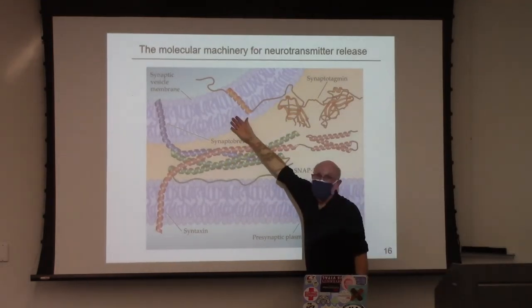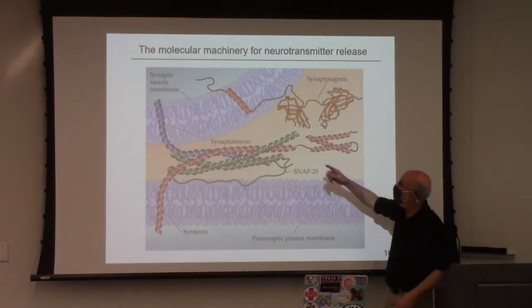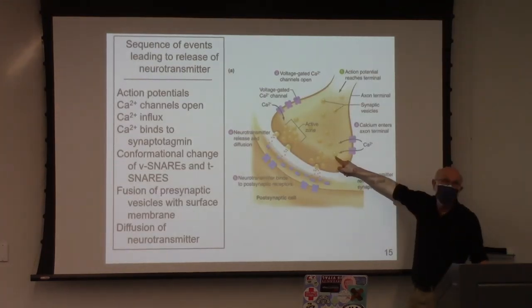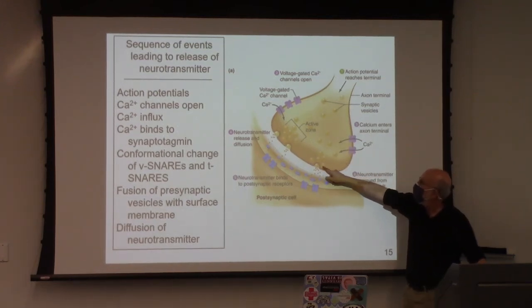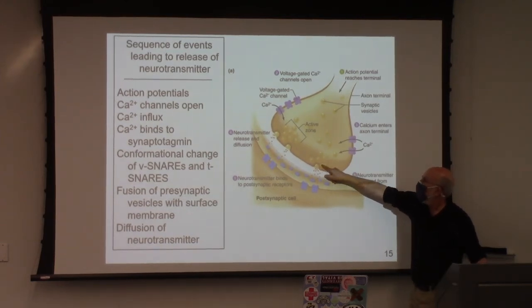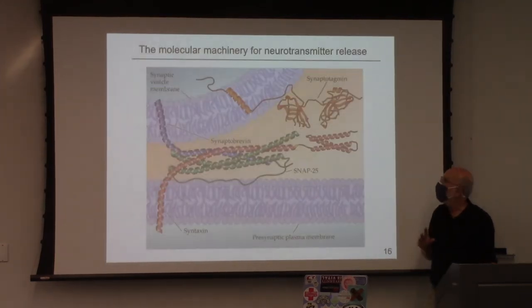This membrane is the synaptic vesicle. The synaptic vesicle, well, maybe it's one of these that is close. This membrane and this membrane are what are cartoon blown up here in this cartoon.